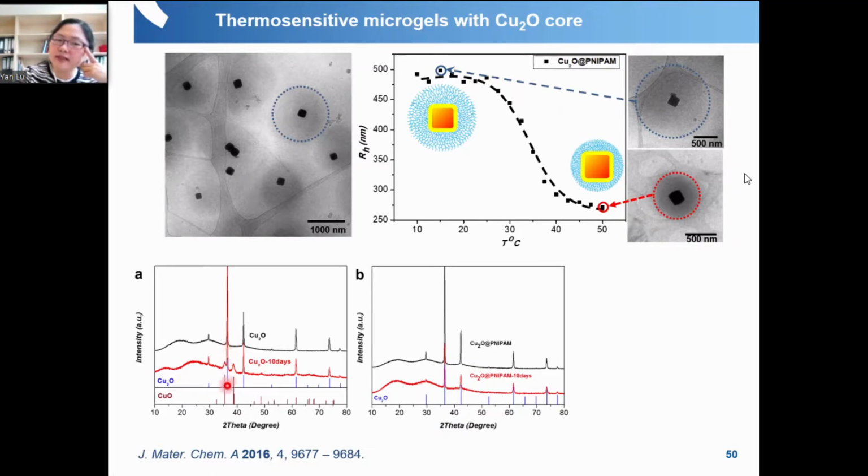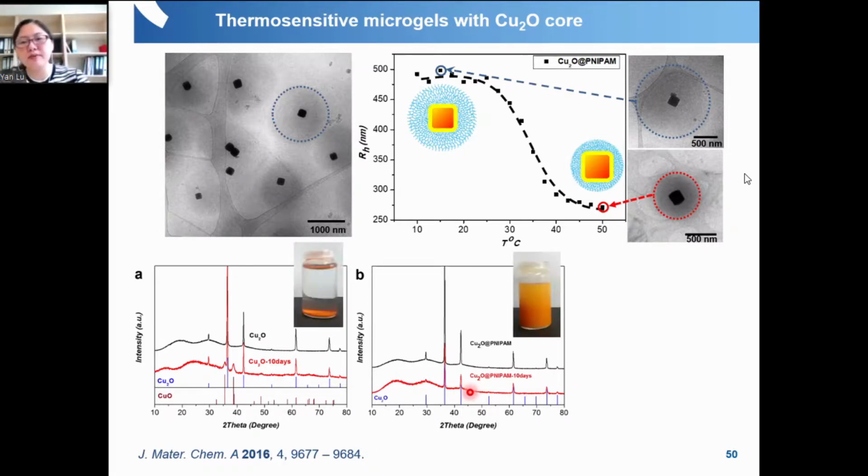This peak corresponds to copper oxide, so it means the cuprous oxide has already been oxidized after 10 days of storing. But for the PNIPAM coated particle, we did a similar measurement and also took the XRD pattern after storing for 10 days, and here you see nothing changed. So you can improve the stability of the cuprous oxide.